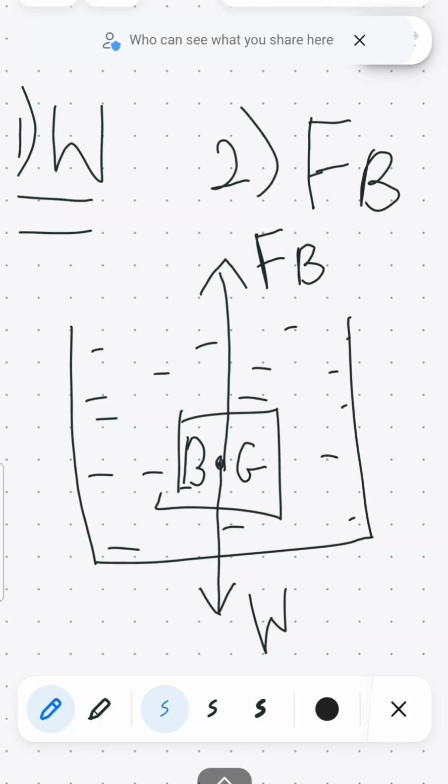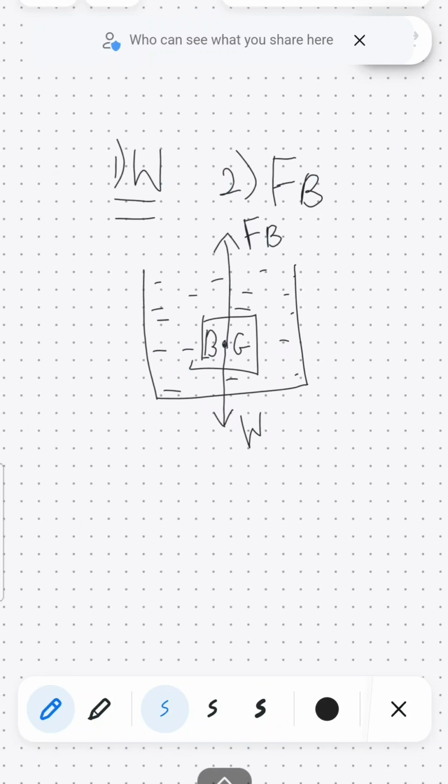This force is called the buoyant force or upthrust, and it has a tendency to make the body float.